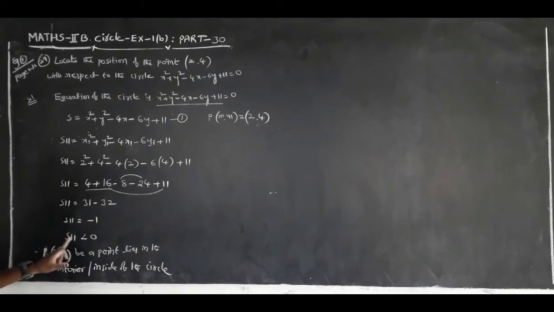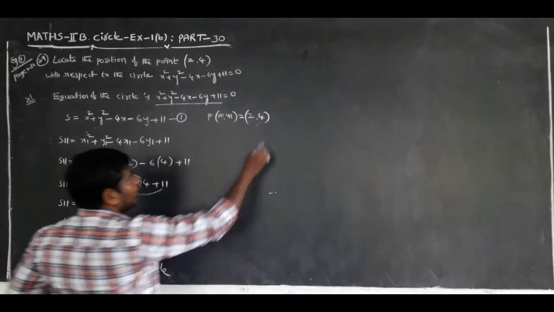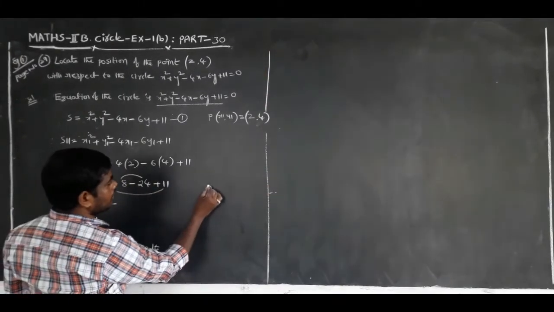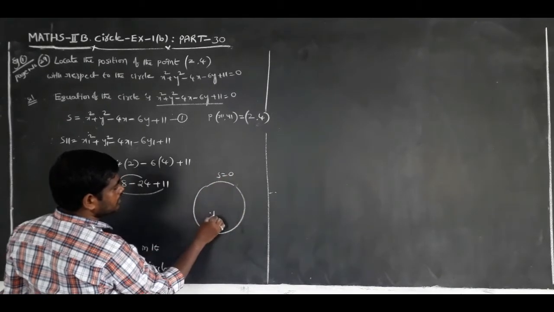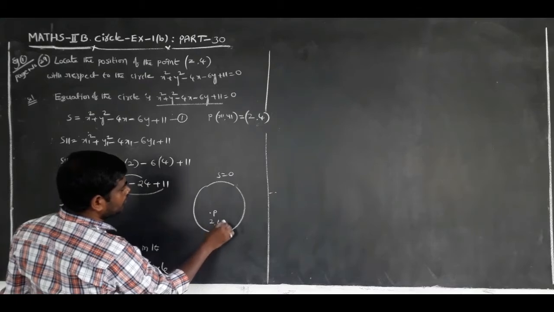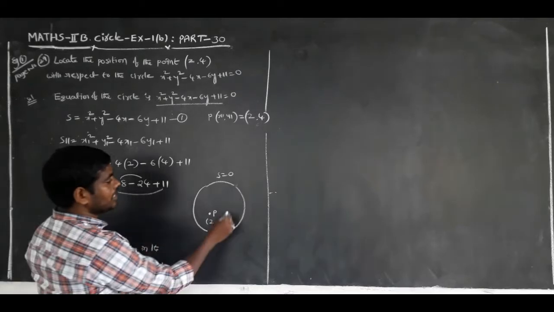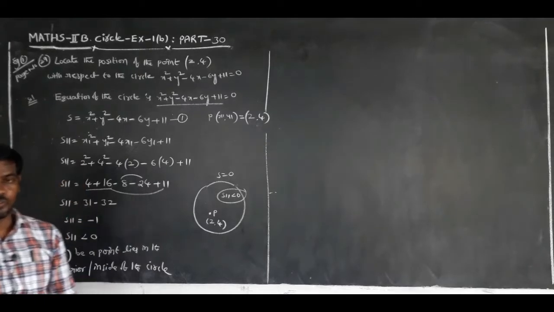If S11 is negative, meaning less than 0, then P is a point inside the circle, or interior of the circle. This is the equation of the circle, and this is the point P(2, 4). Here P is inside the circle because S11 is less than 0.